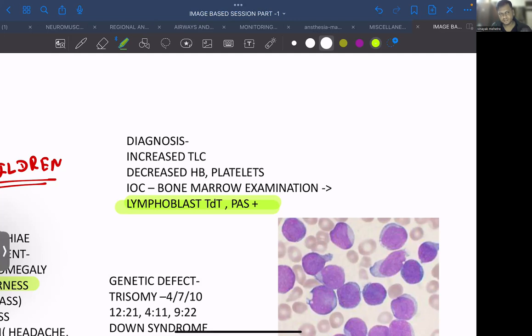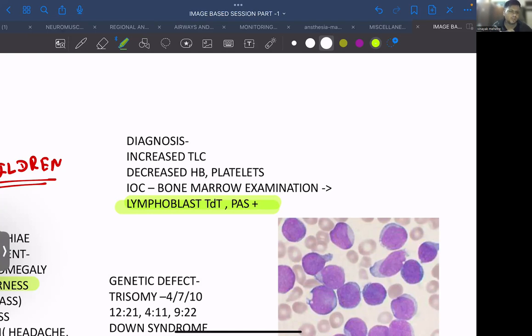If you are getting another question, this will be least likely in the option. अगर दोनों भी ऑप्शन में आ गए, you will see features of pancytopenia plus sternal tenderness, hepatosplenomegaly कहाँ मिलेंगी?